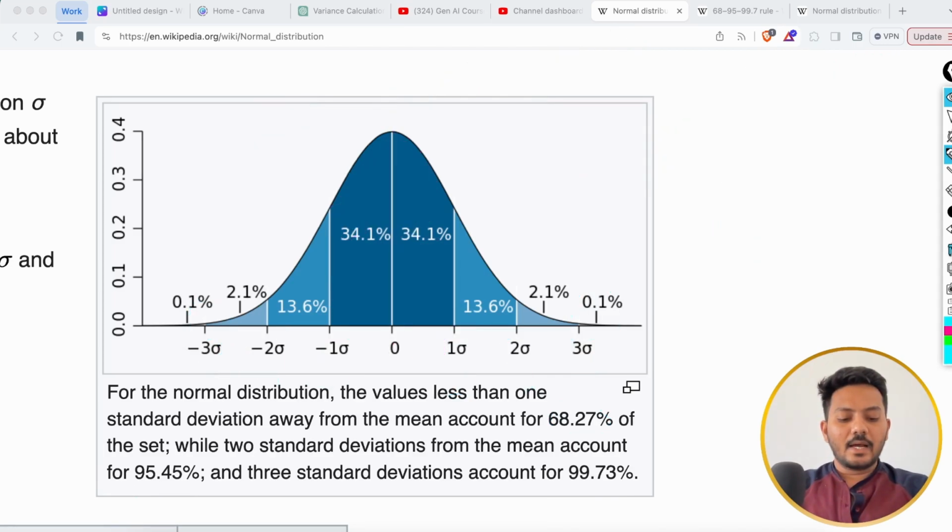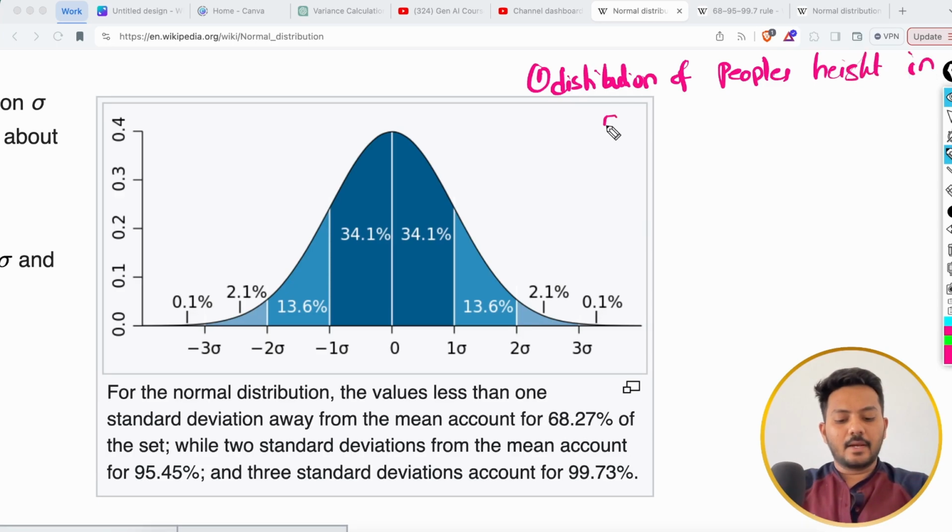Now you might ask, why is it helpful and why are we learning this? Let's say someone did some analysis and told you that they have a distribution of people's height in America. Let's assume that.